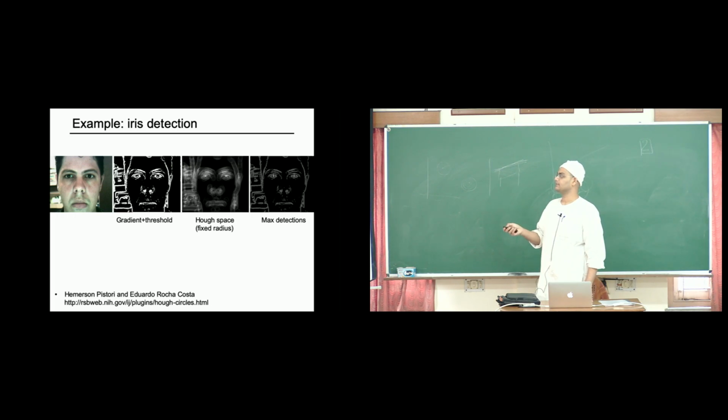You take the face, get the gradient, do the thresholding, and get an edge image. From there you get the Hough space, looking for a circle of that fixed radius. You find two brighter spots, and then you identify that those two are the irises.